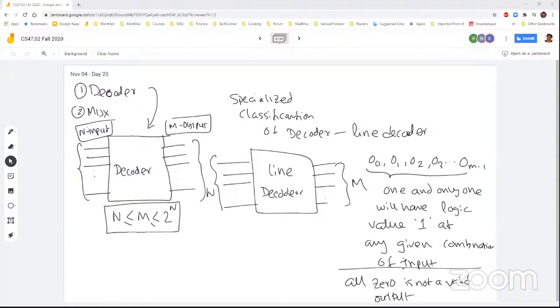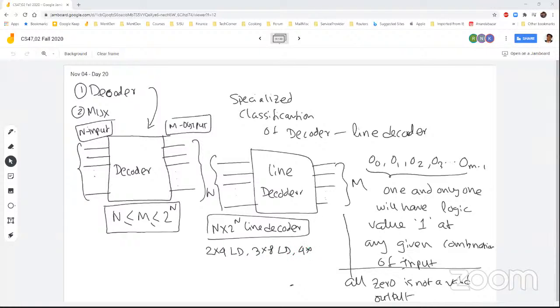And one side note: in the logic design scenario, when we say it's a line decoder, we usually call it an n by 2 to the power n line decoder. That means you will see either a 2 by 4 line decoder, or a 3 by 8 line decoder, or a 4 by 16 line decoder.